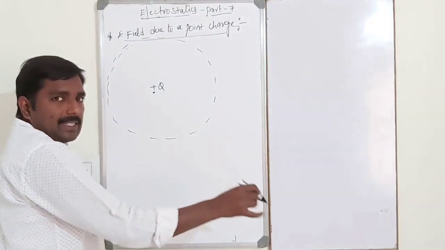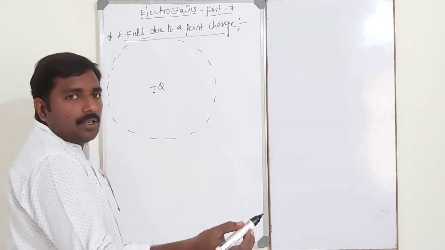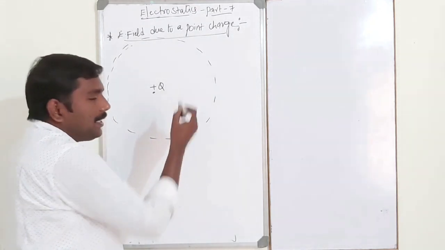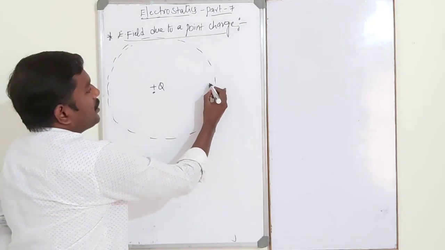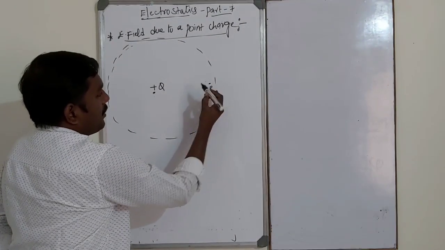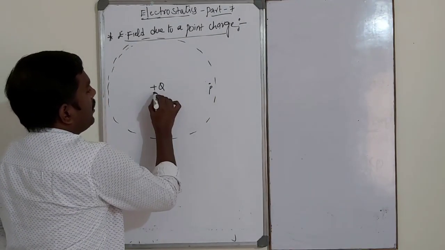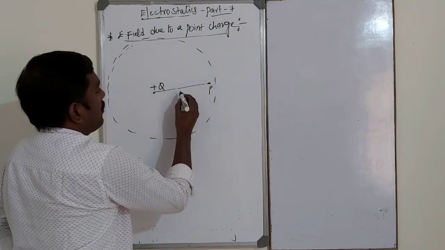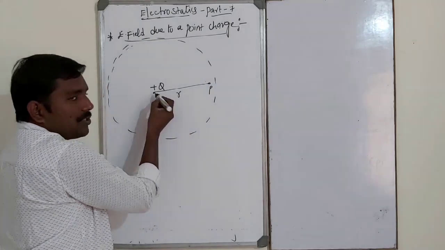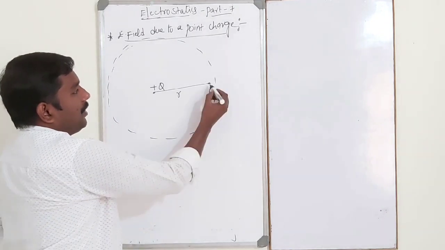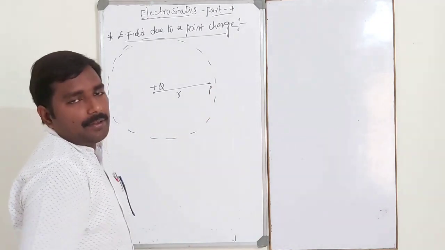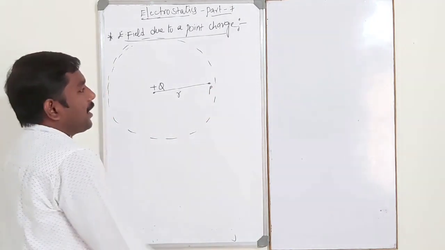Okay. So let us consider just 1 unit of charge placed in that region. Suppose P is a point at a distance of r from this charge at which the electric field will be determined.